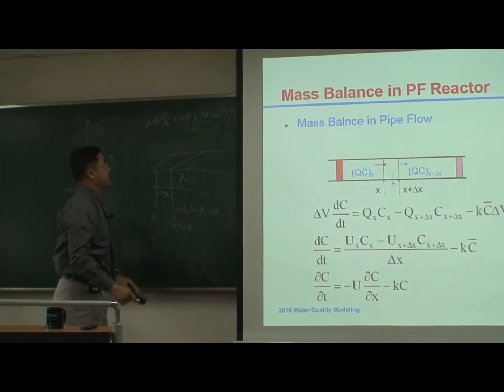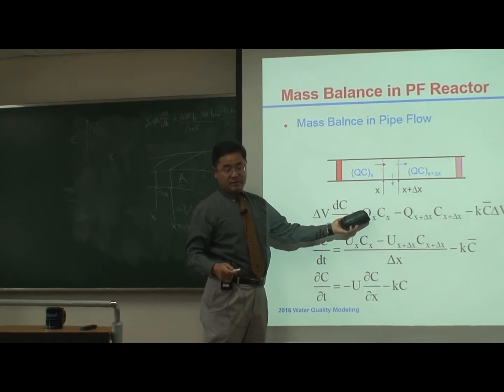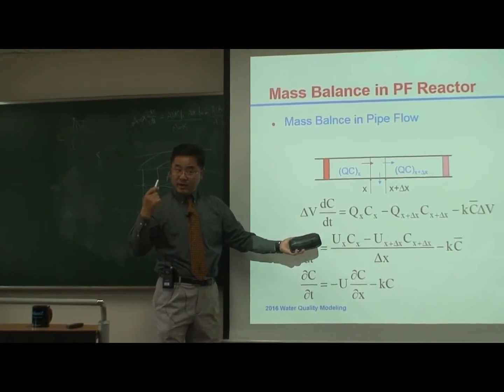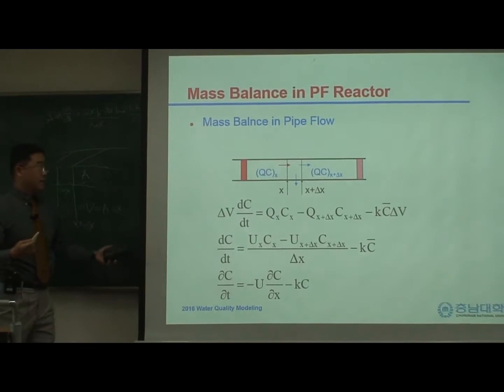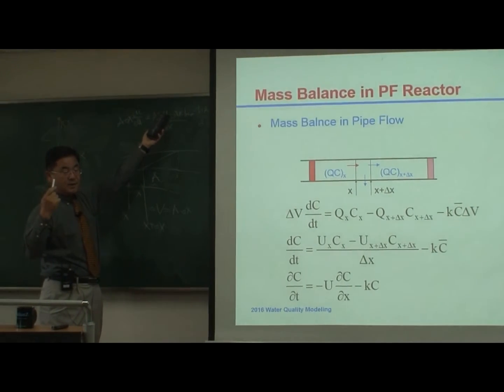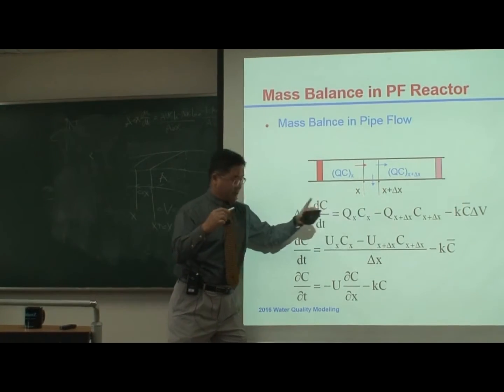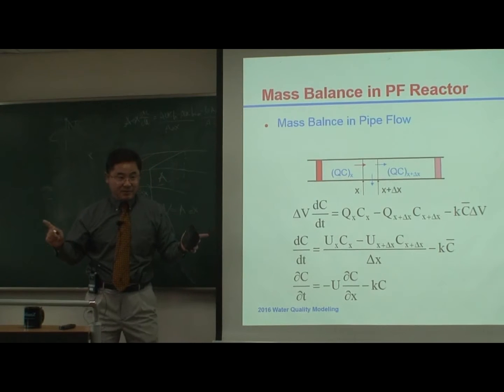Right? And we know my Q is area times velocity, which is A U. I will assume my Q at X and Q at X plus delta X will be the same, because nothing happened between there.